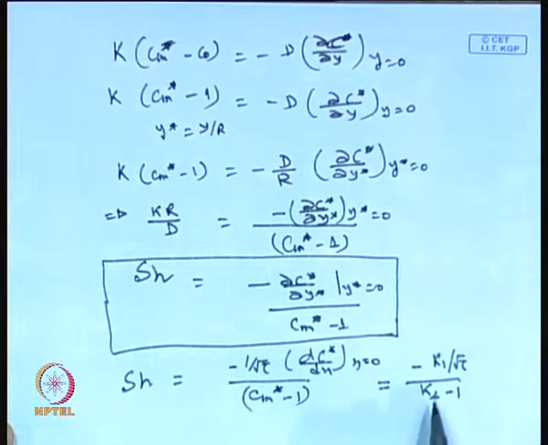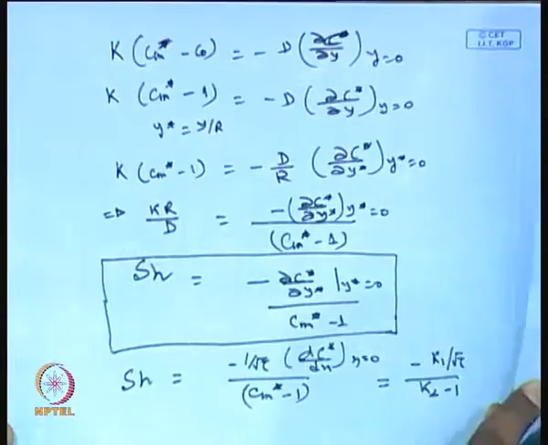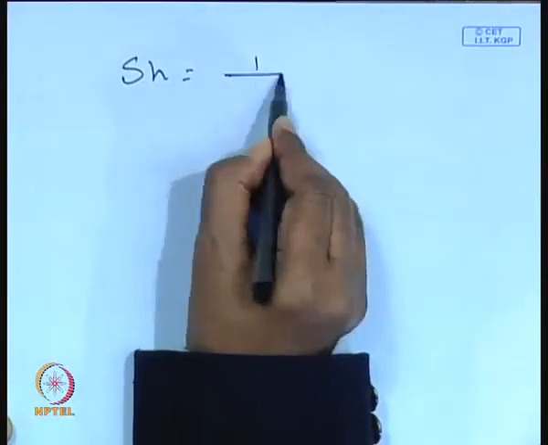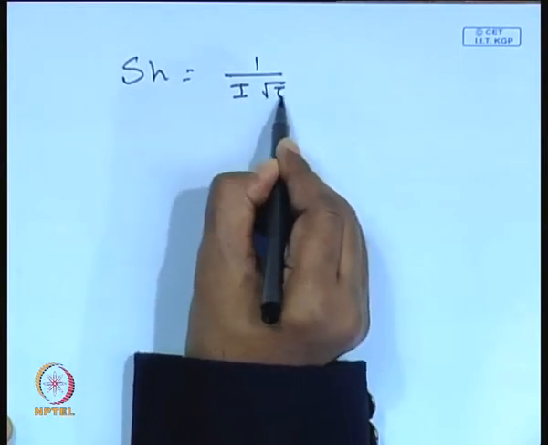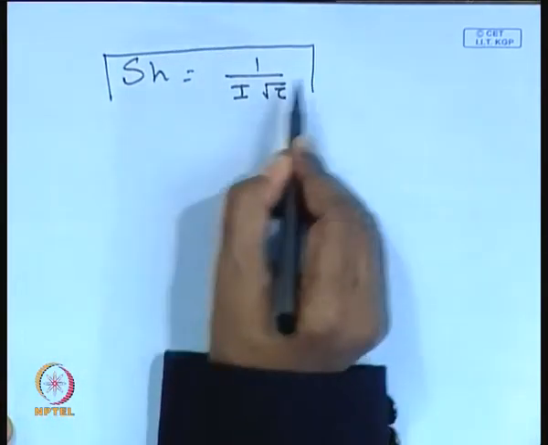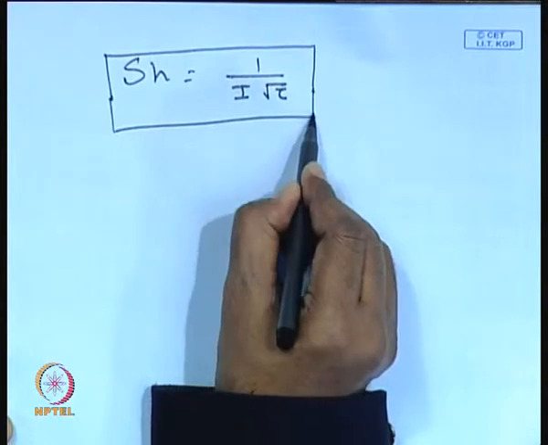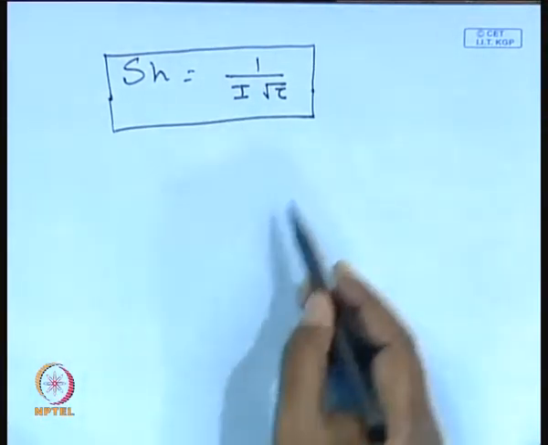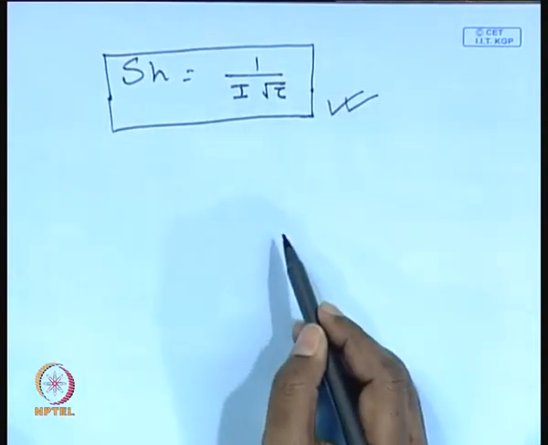Now, you put the expression of k1 and k2, because you have evaluated k1 and k2 in terms of a, r and I, and substitute there and see what you get. What you will be getting is that Sherwood is nothing but 1 over I times root over tau. So, this is the expression you will be getting at the end of it.